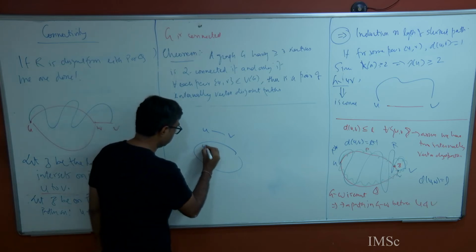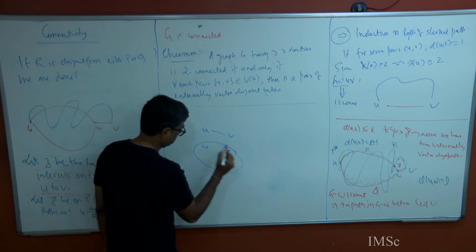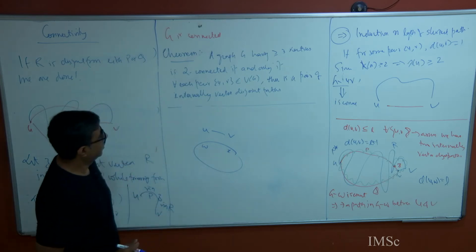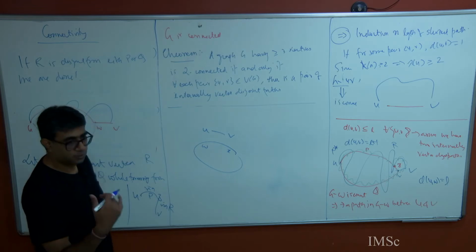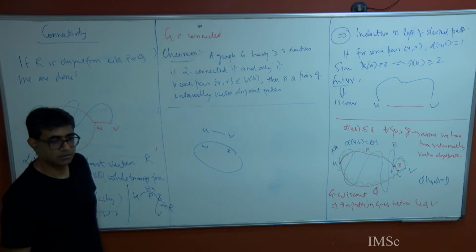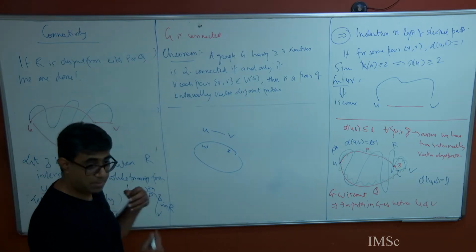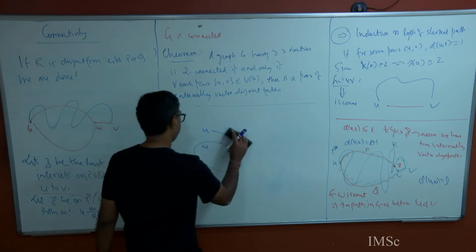And now there is a W and there is an X. And suppose we apply induction on K, right. So, maybe then we can salvage something. Let us try to understand that, right.